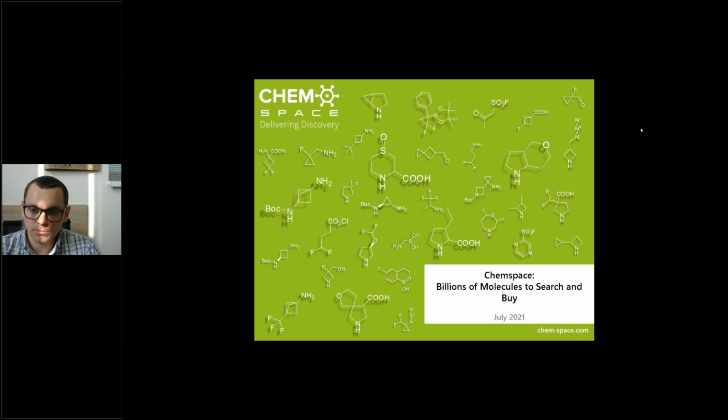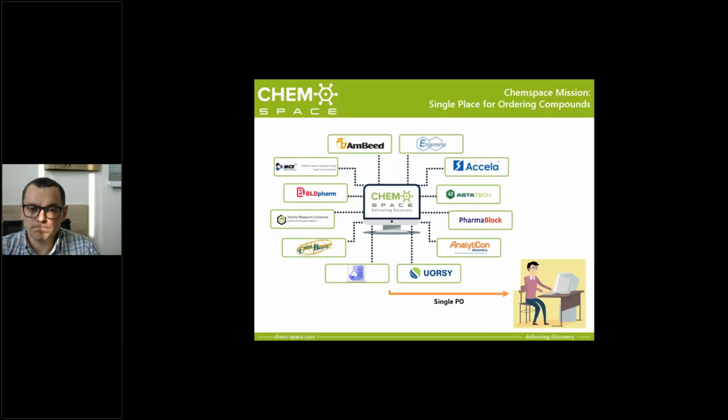Just to remind you who we are and what we're doing. Chemspace is a platform for small molecules where you can log in and buy them. The idea is to create an environment for researchers to look for offers from different vendors and order compounds in a single PO procedure.